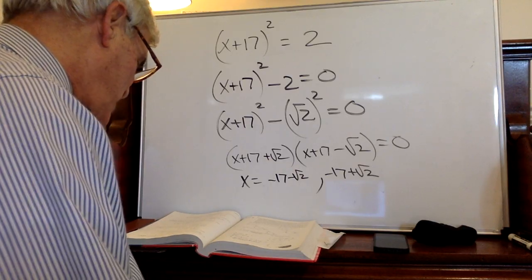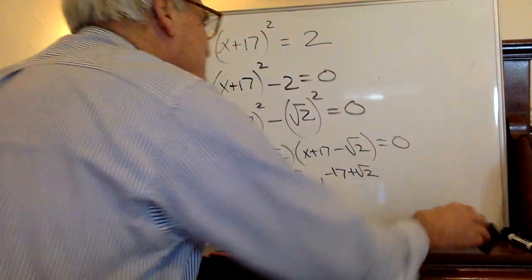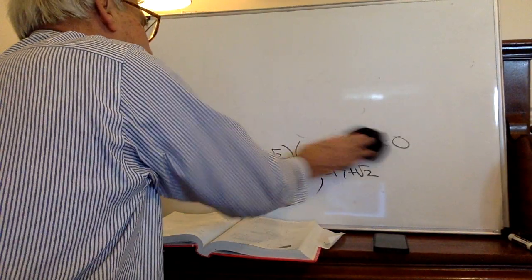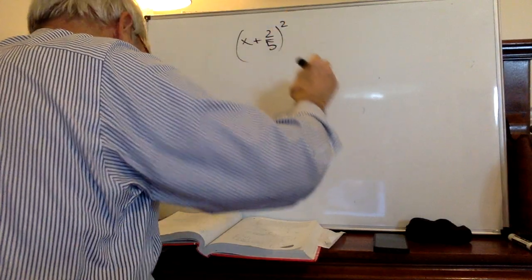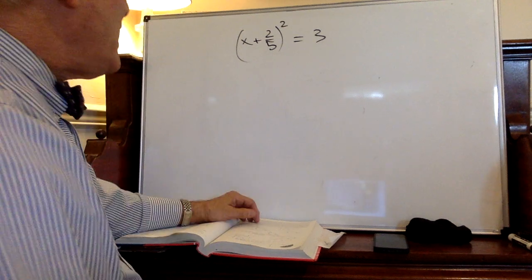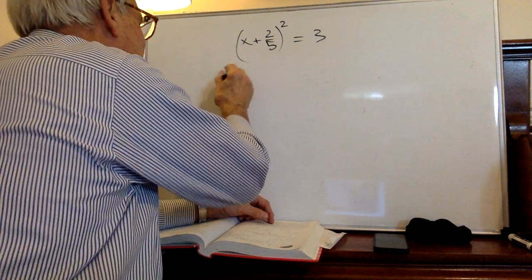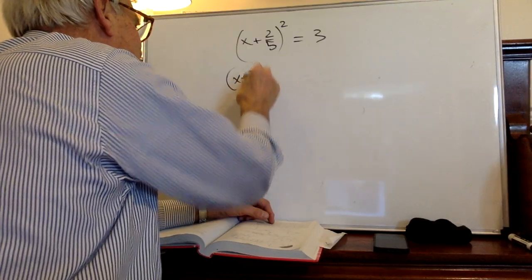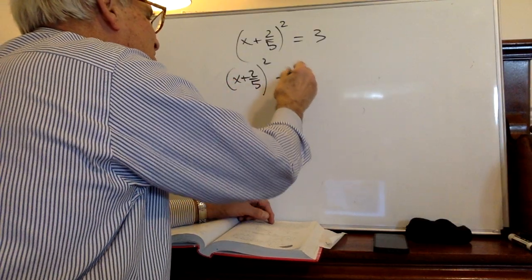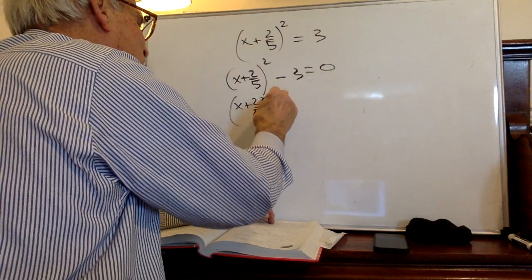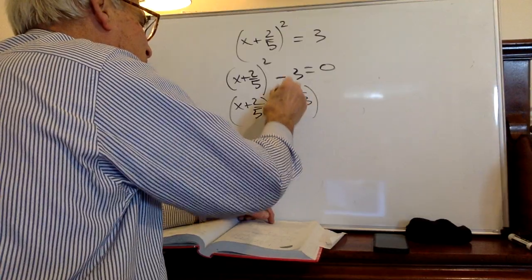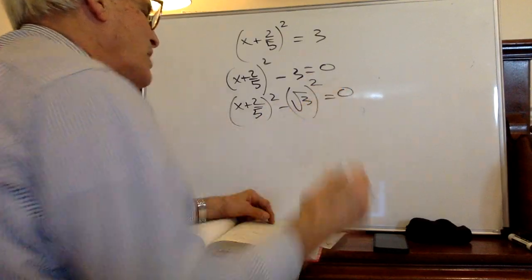The same will work if you have a fraction. And by that I mean the following. x plus 2/5 quantity squared is equal to 3. That is the same as saying x plus 2/5 quantity squared minus 3 equals 0, so x plus 2/5 quantity squared minus the square root of 3 squared equals 0.